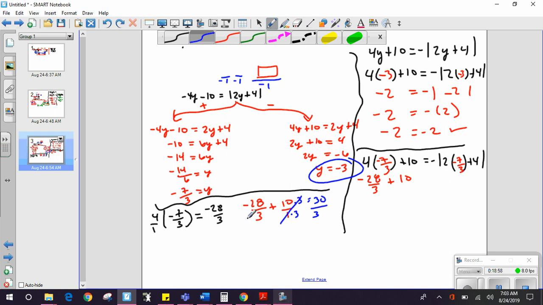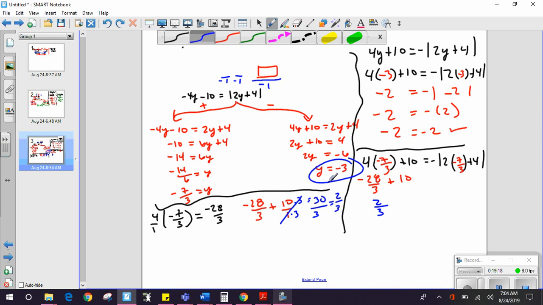Now I'm going to take my numerators, which are negative 28, and add it to 30. So my result would be, I'm sorry, 2 over 3. So the left hand side is 2 over 3.